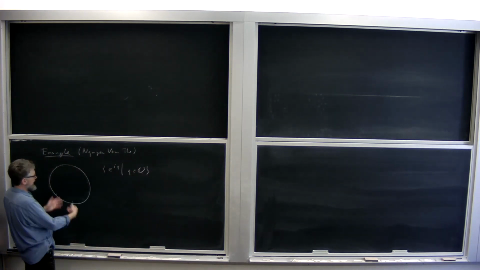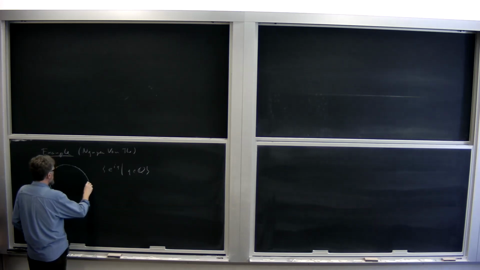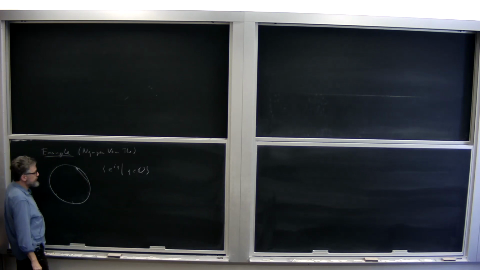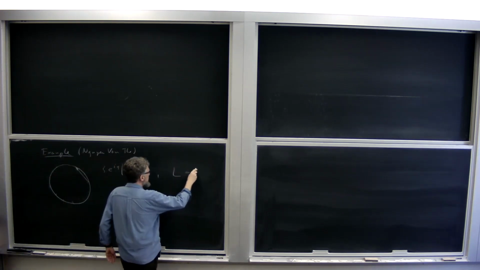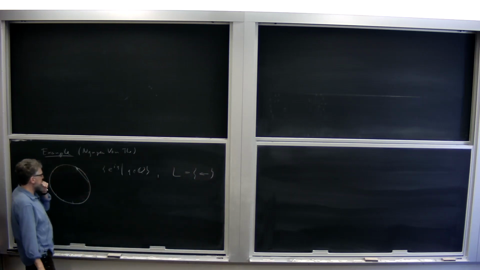And so it's a countable structure. And we put an arrow between 2 points, so there's a binary relation. The language L has the binary relation. And I think we agreed that it would be an arrow like that.